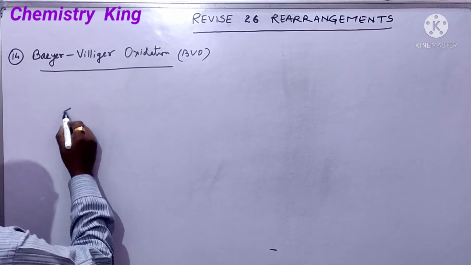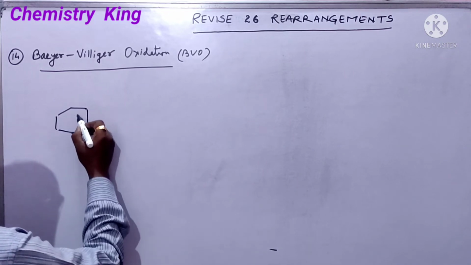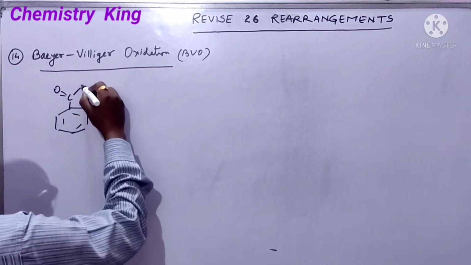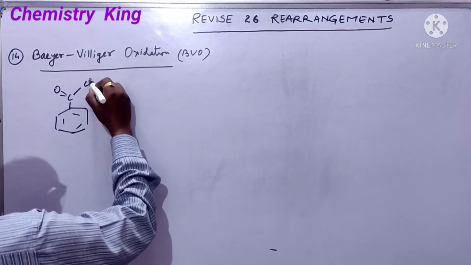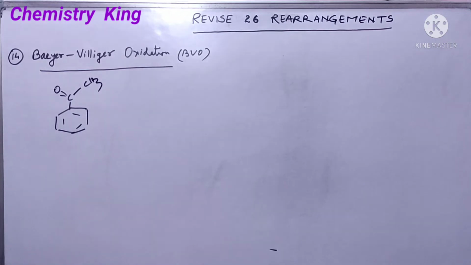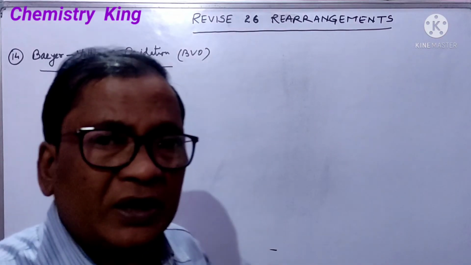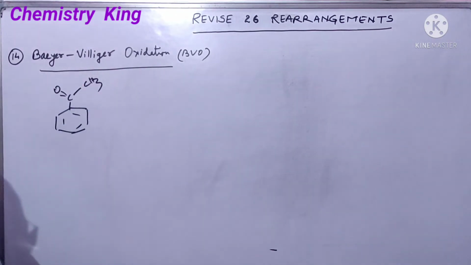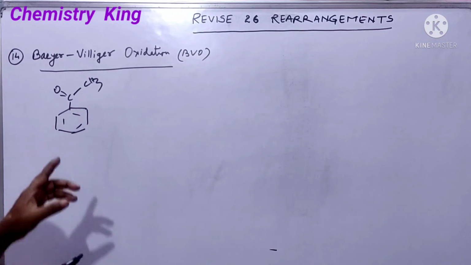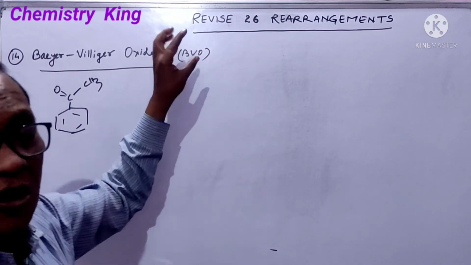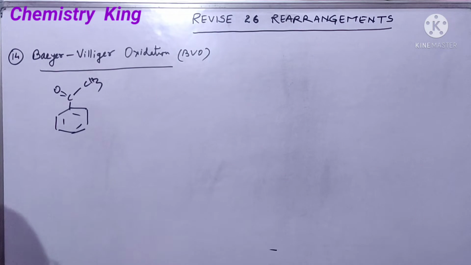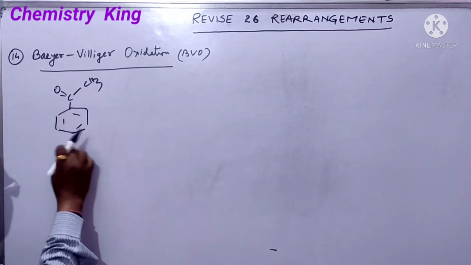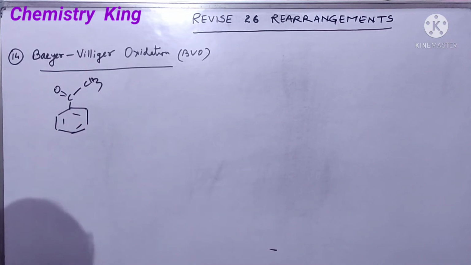Suppose it is a ketone, methyl phenyl ketone, and the oxygen of the per acid. Actually it is an oxidation. It is a rearrangement and also an oxidation. In the oxidation, the oxygen of the reagent, the oxidizing agent, will be here. We will see it in the mechanism. And this is phenyl, this is methyl, which will migrate.